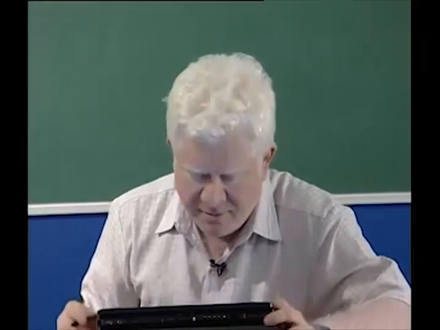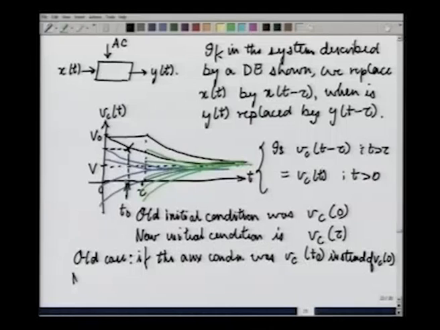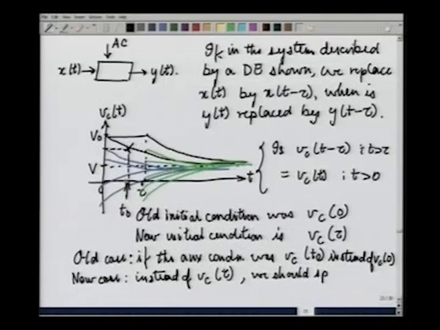Now what we say is, for the new case, instead of Vc of tau, we should specify Vc of tau plus t naught.